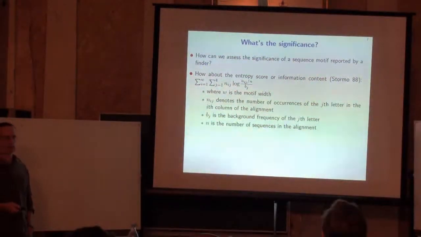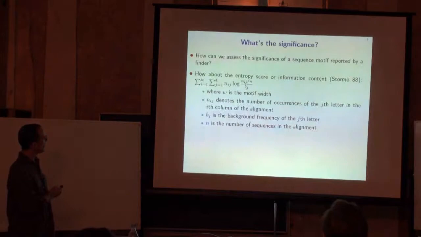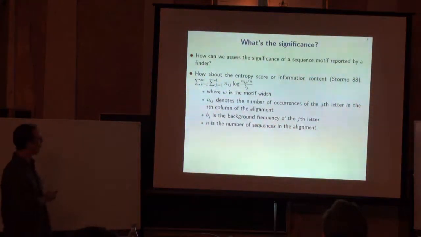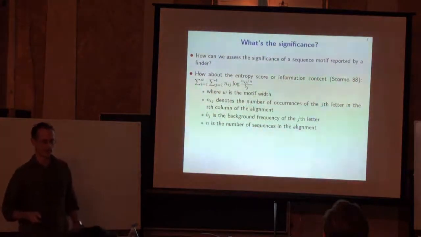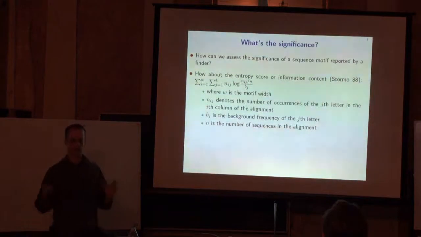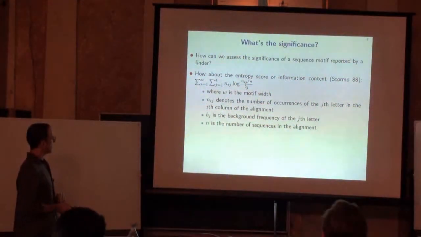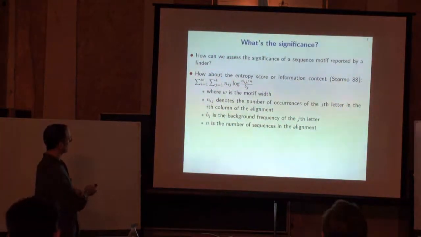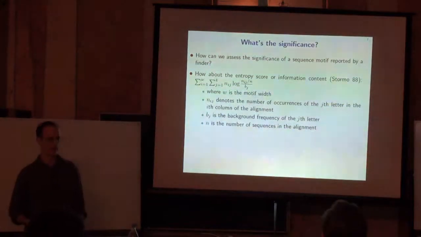If you haven't, don't panic, not yet. It's simply a summation over all the columns, where W is the number of columns in the motif, the width or length of the motif. You're summing up the contribution of each column. That contribution, the inner sum, is called the Kullback-Leibler distance. Never mind, it's just a name.